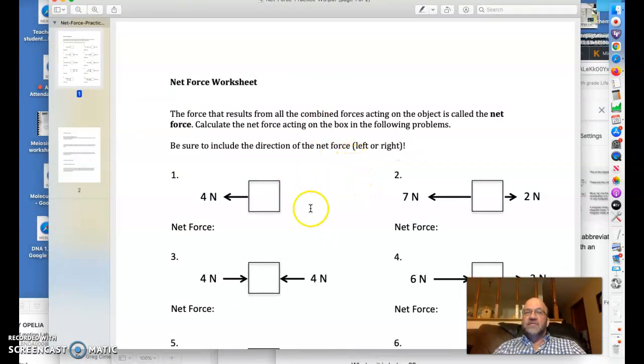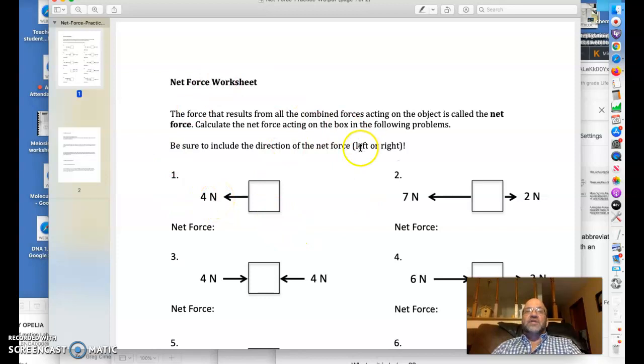I'll explain that. So on this sheet, we have a box. And if we were going to push on this box with a force of 4 newtons, this box would move, right? It's going to move. So the net force of this box would be 4 newtons or 4N.